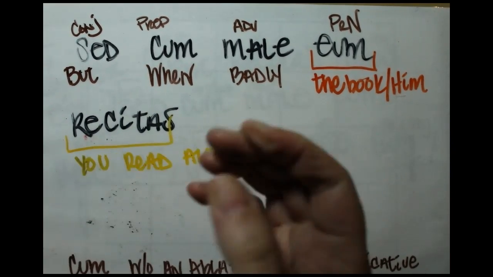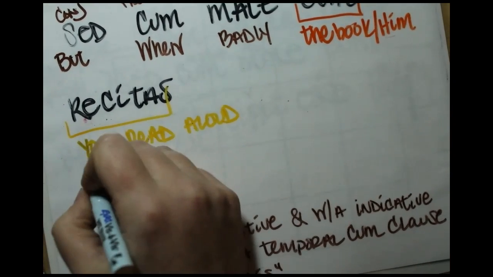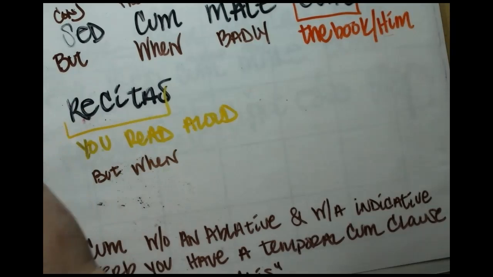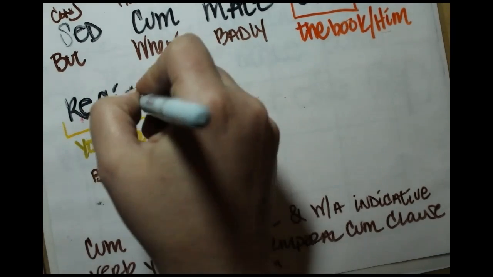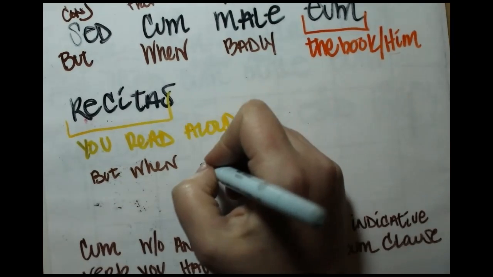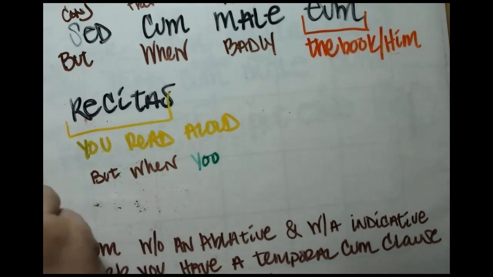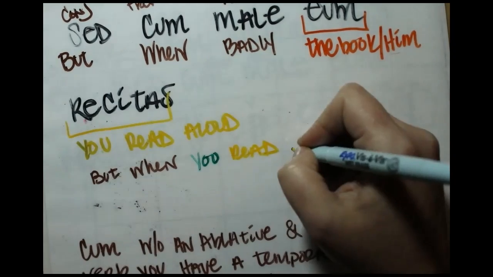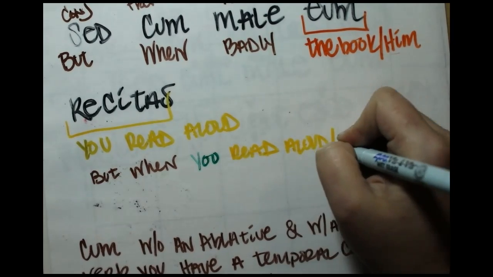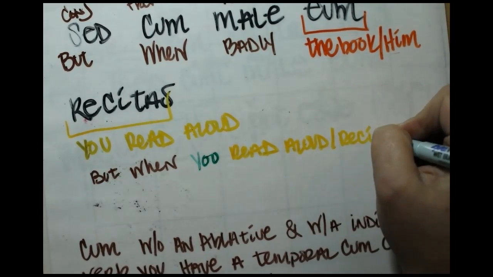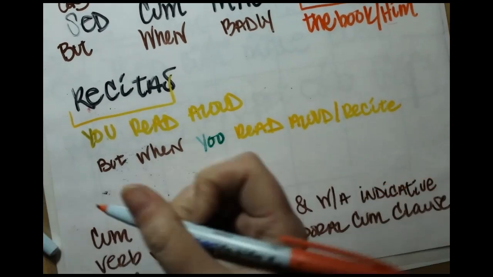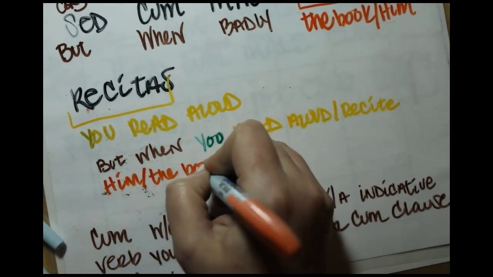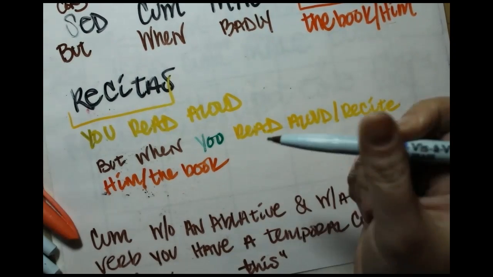So what does this clause here say? But when, and again, you is the subject here, it's the subject of the verb. When you read aloud, recite him, the book, badly.